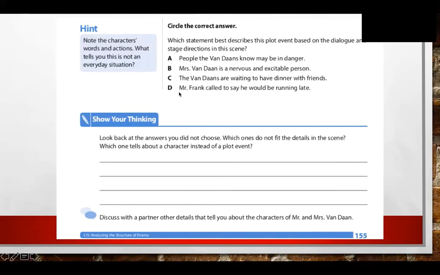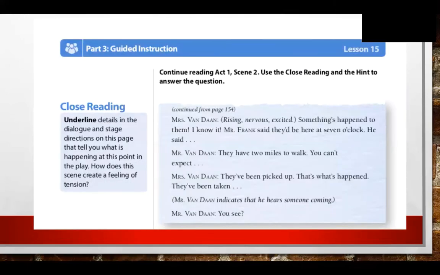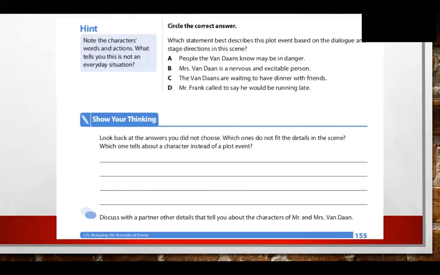Mr. Frank called to say he would be running late. Did Mr. Frank call? Mr. Frank said they'd be here at 7 o'clock. And it seems like he's running late, but it does not show anywhere that he called them, okay? So the correct answer would be A, people the Van Dams know may be in danger, all right?